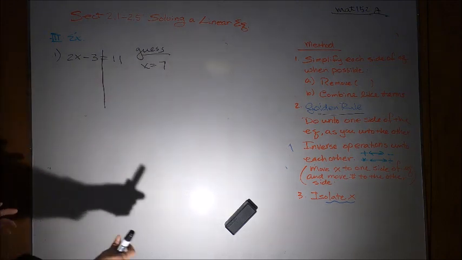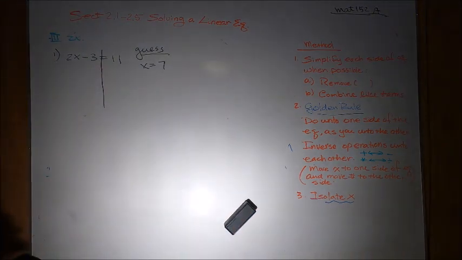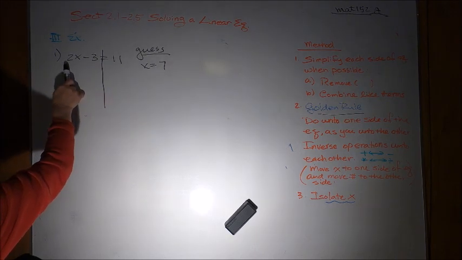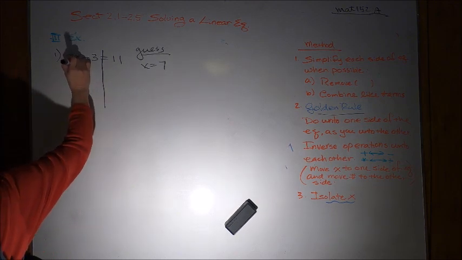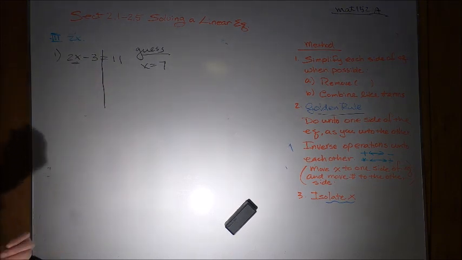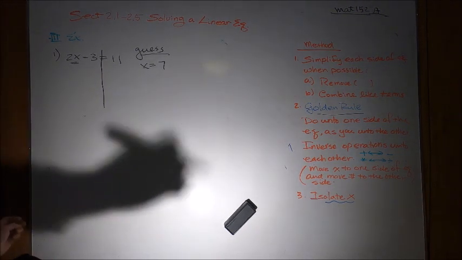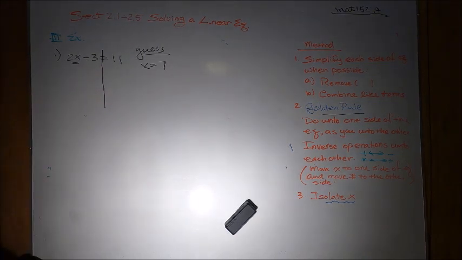So we want to get x by itself on one side. Which one do you have to move away? You have to move away 2 and negative 3, right? But the closest one, you move away last. So we move away negative 3 first, the further away one, okay?